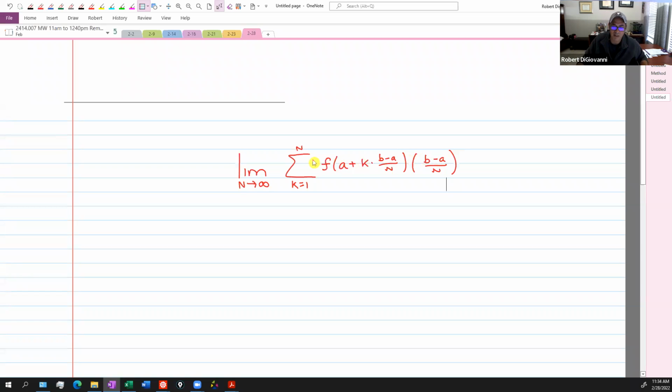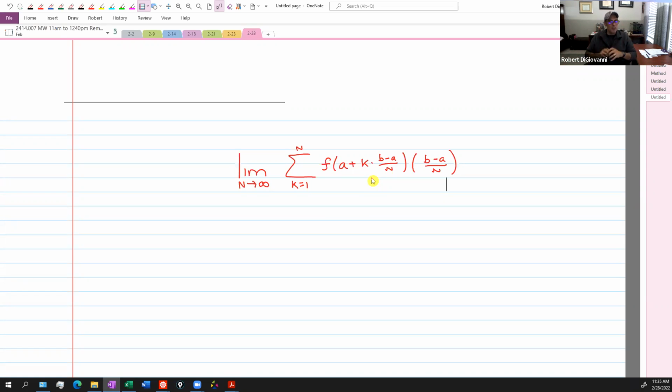Because whatever this limit is, it's like I'm trying to find the sum of an infinite number of rectangles. Make sense? What is that? Well, it's something. It should give me a numerical answer. It's a limit that I'd have to calculate, and these limits are very hard to do by hand. It's okay, though. That's what I'm interested in.